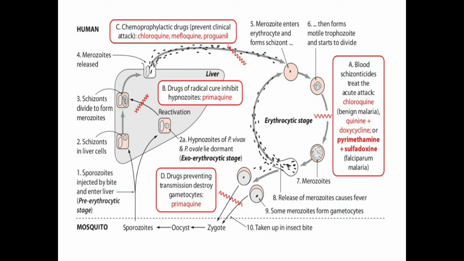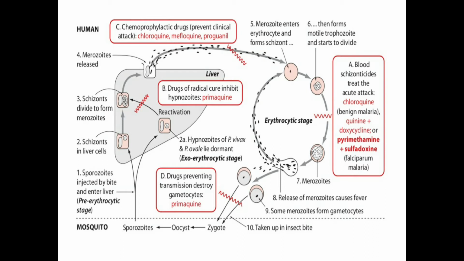This prevents the release of the merozoites, which causes the clinical attack. So the release of merozoites and their further production is inhibited by chemoprophylactic drugs such as chloroquine, mefloquine and proguanil.